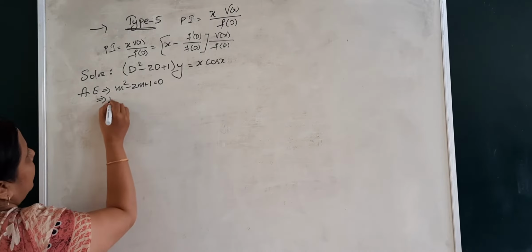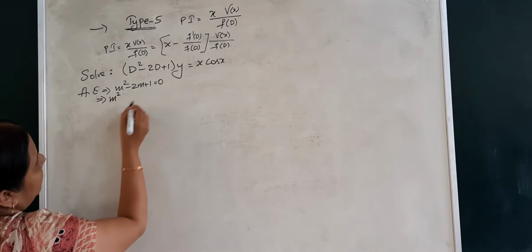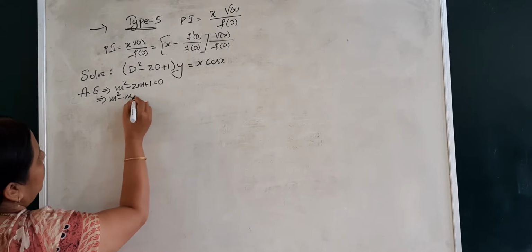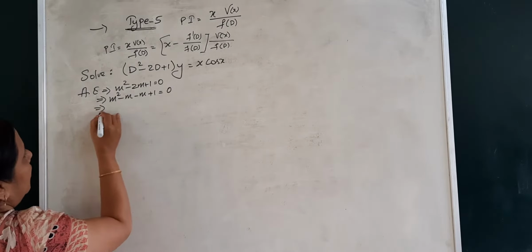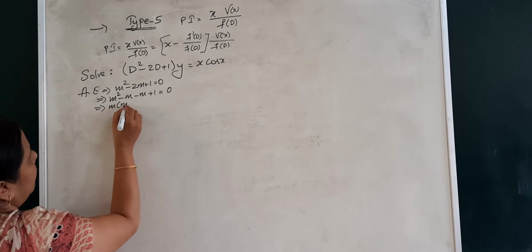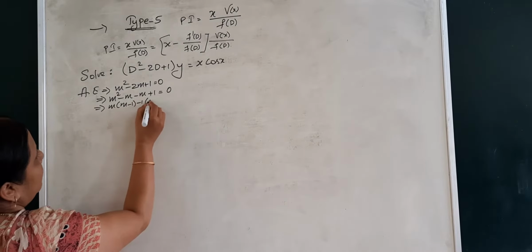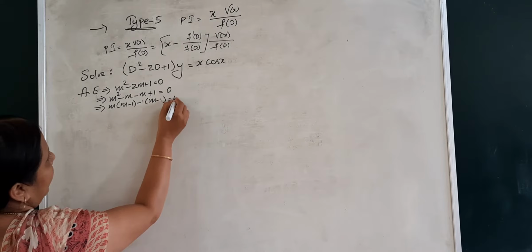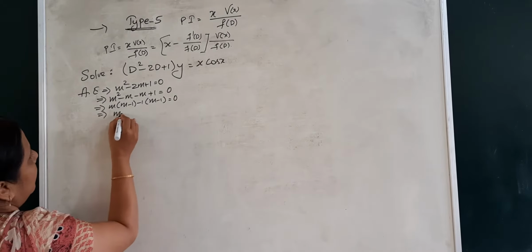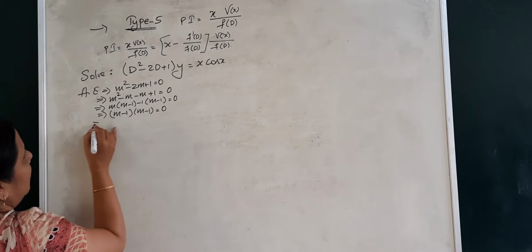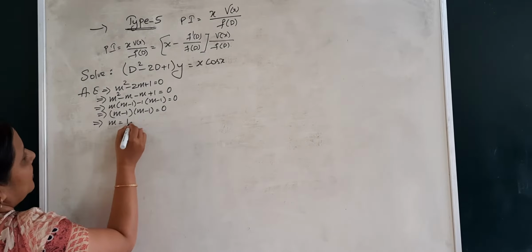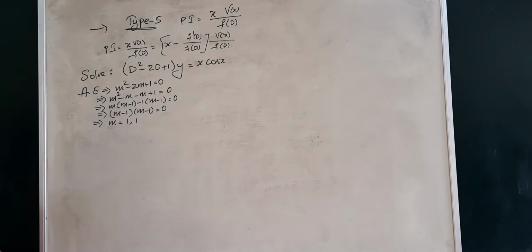So we get m² − m − m + 1 = 0. Take m common: m(m − 1), take minus 1 common, and you get (m − 1) again. So the factors are (m − 1)(m − 1) = 0, which says m has repeated roots.